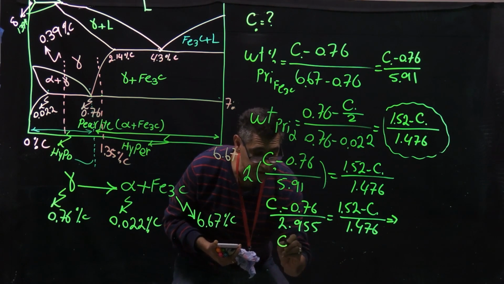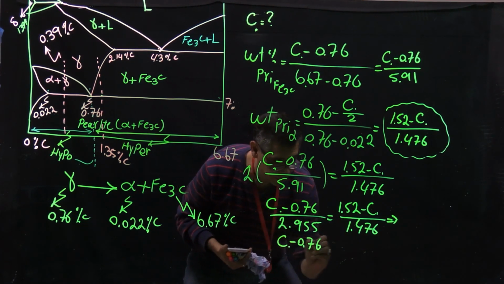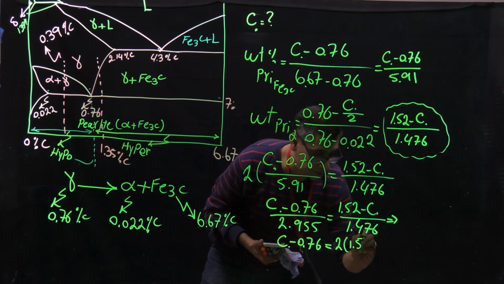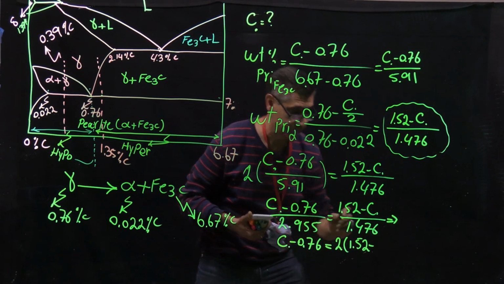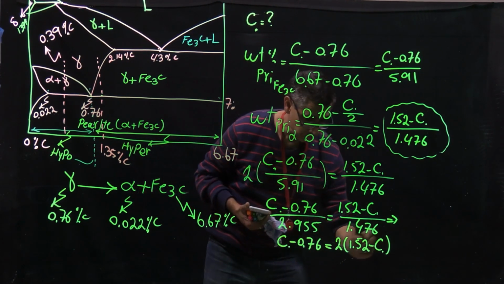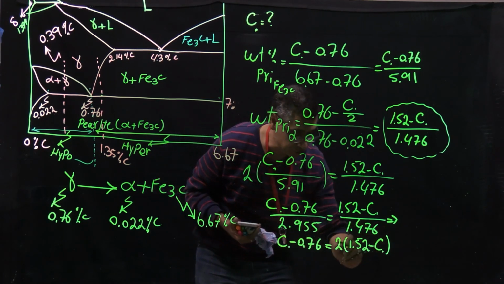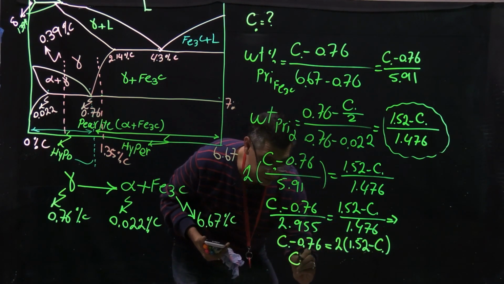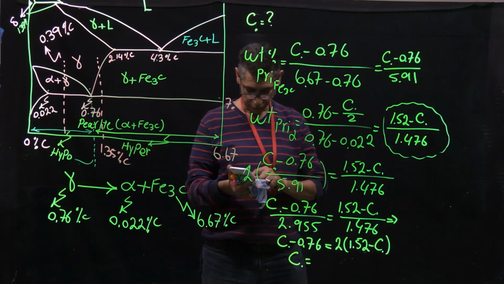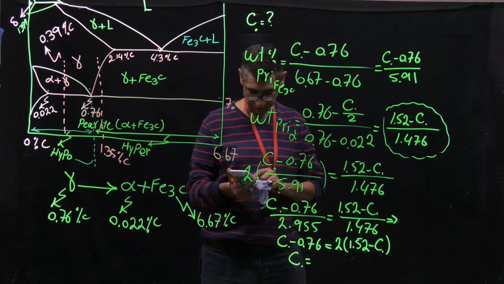So it's going to be C sub 0 minus 0.76 is equal to roughly 2 multiplied by 1.52.